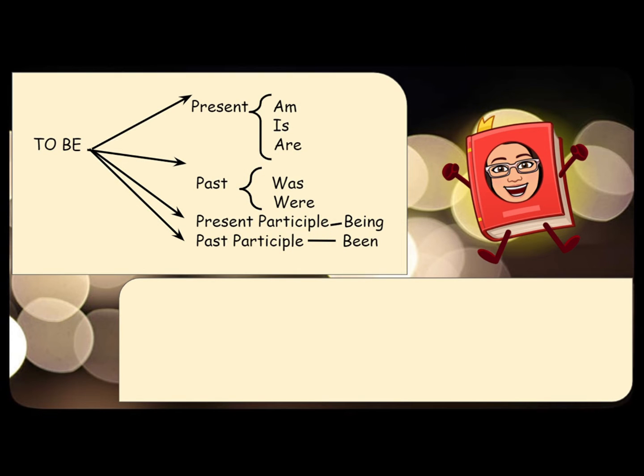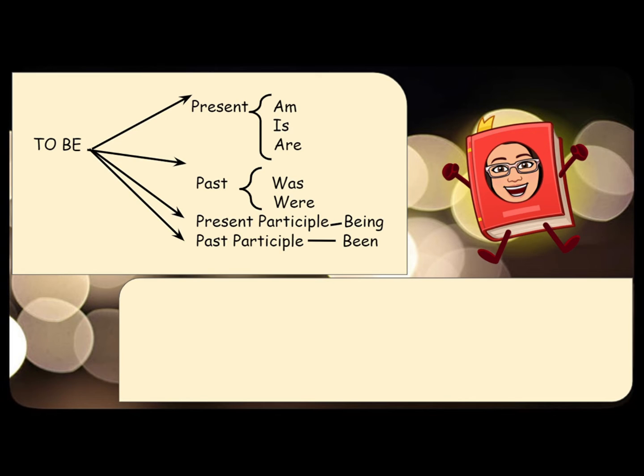The verb to be has different forms. In the present, we have three forms: am, is, are. Am is for the first person singular, I; is for the third person singular, he, she, it; and are for the second person singular and plural, you, for the first person plural, we, and the third person plural, they.